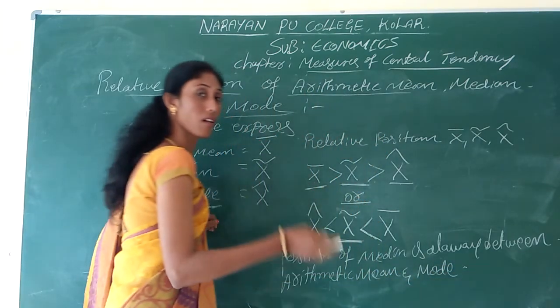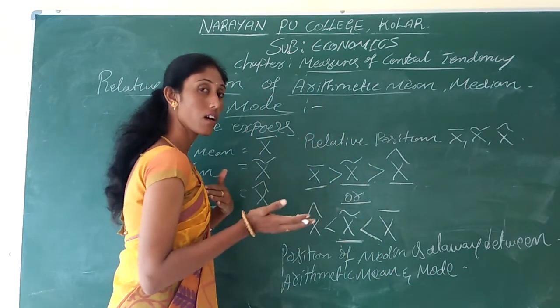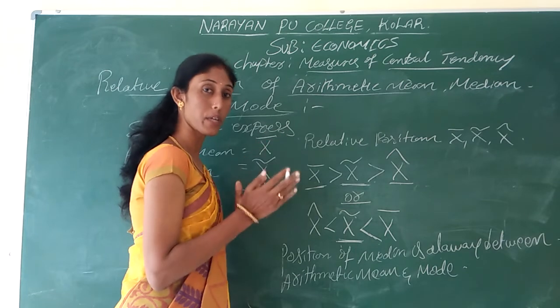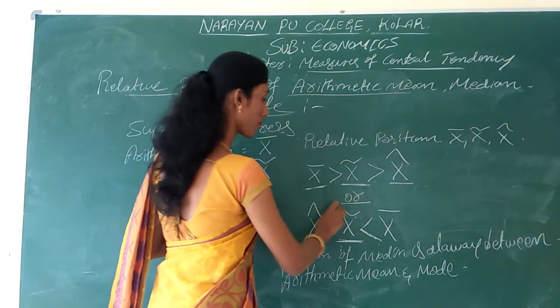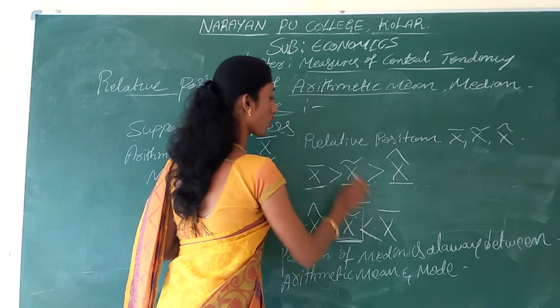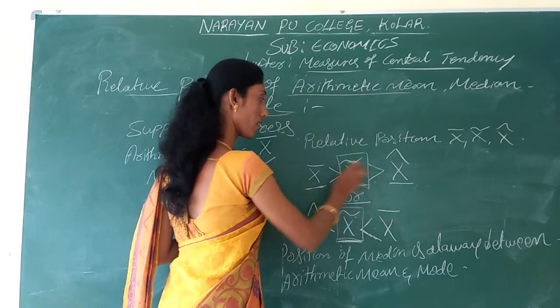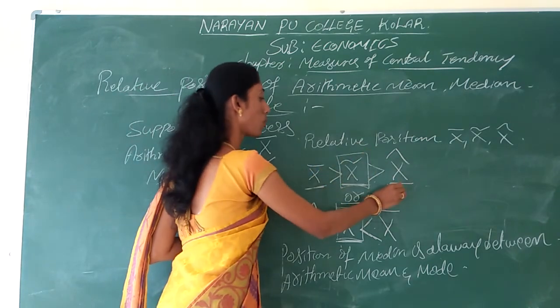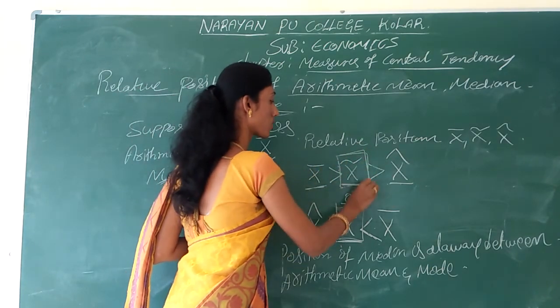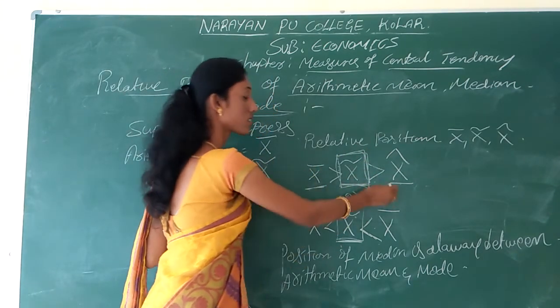Whether it is less than or more than, it lies between these two numbers, mean and mode. Always the median position will be the center of these two.